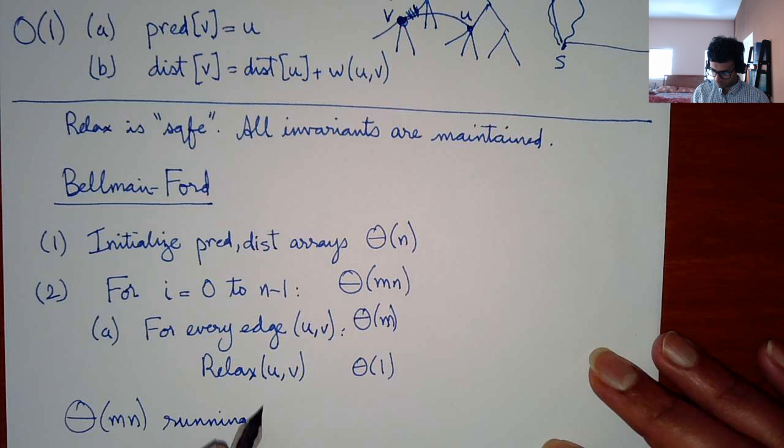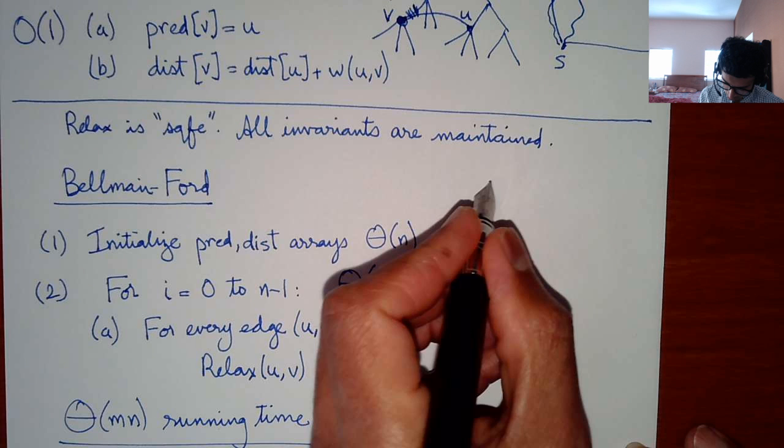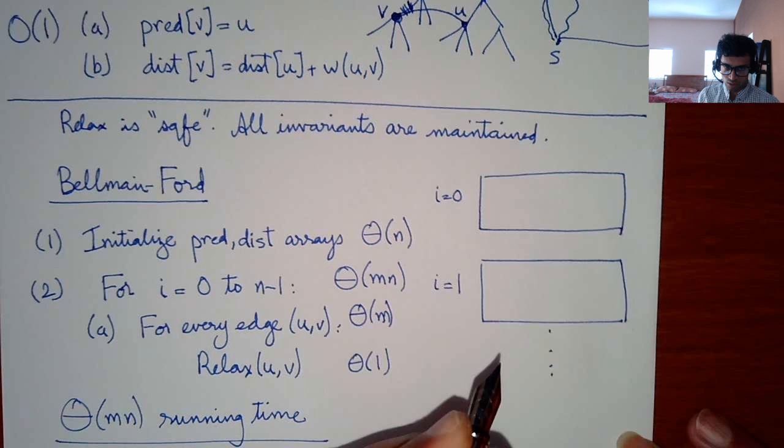The question now is, why does it work? The way to think about Bellman-Ford, I'm going to draw a picture here, is think of this as all the relax operations done when i is equal to 0. And then you've got a bunch of relax operations done when i is equal to 1, and so on and so forth, up to i equal to n minus 1.